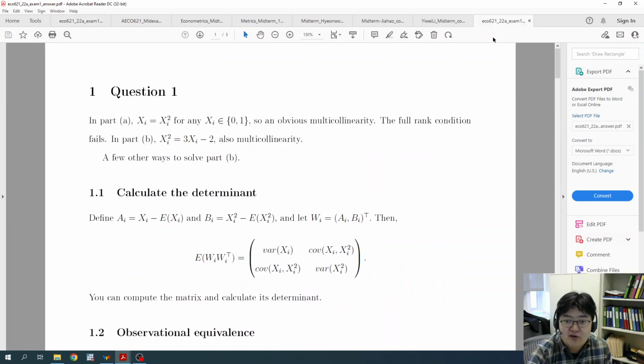And then more rigorously, we can show this. In part A, the simplest way to show it's not working is to show the equality.